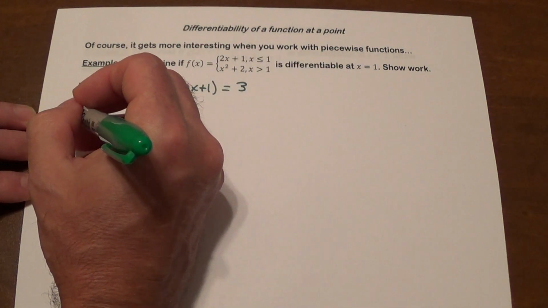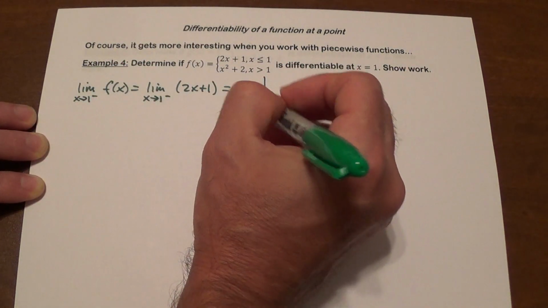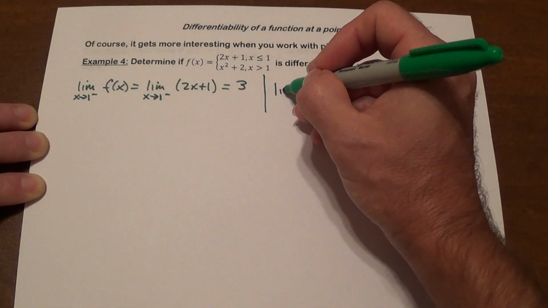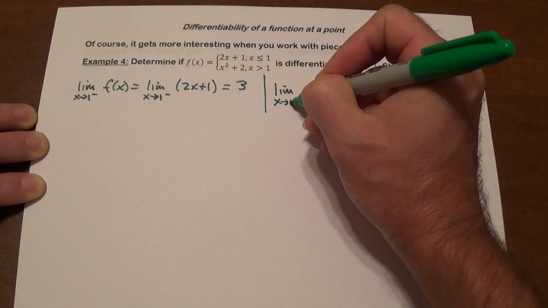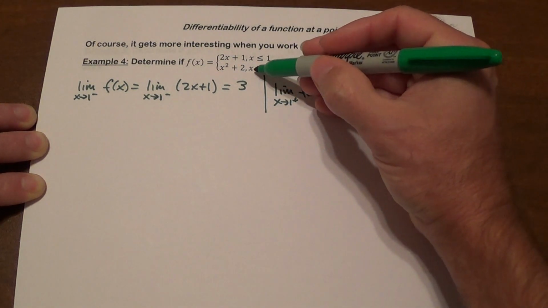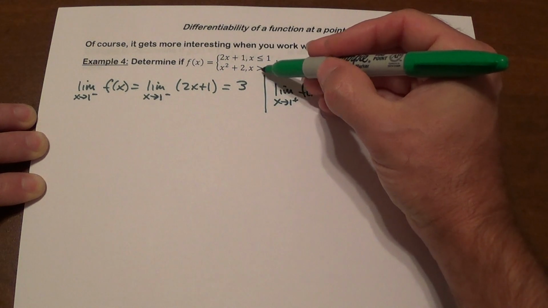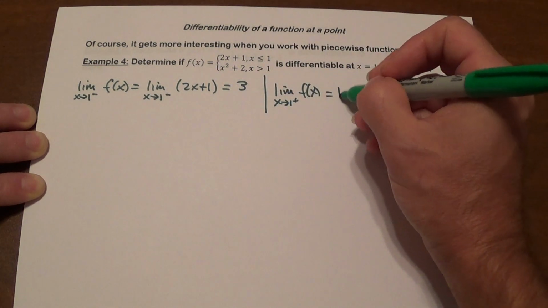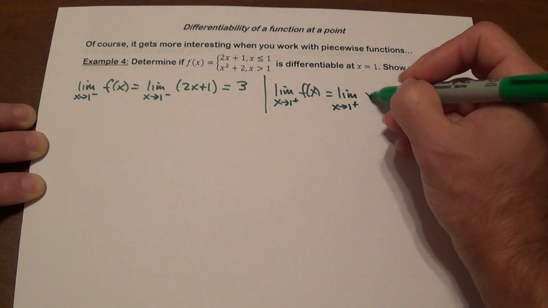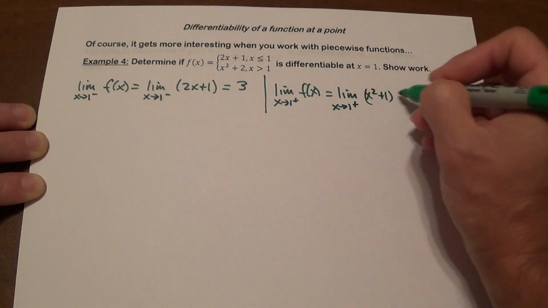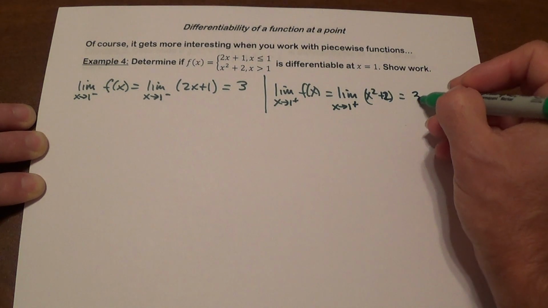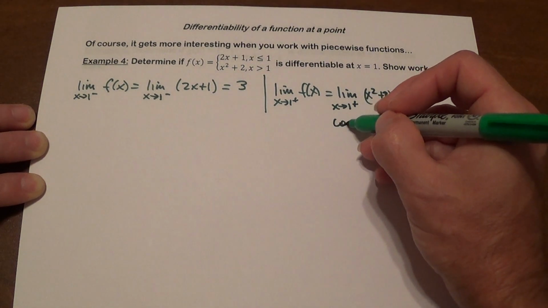And then we also have to do the right hand side. So the limit as x approaches 1 from the right of f of x. That's the right side here. So we're going to do the limit as x approaches 1 from the right of x squared plus 1, and we substitute 1, 1 squared plus 2, and that's going to give us 3 as well. So the function is continuous.